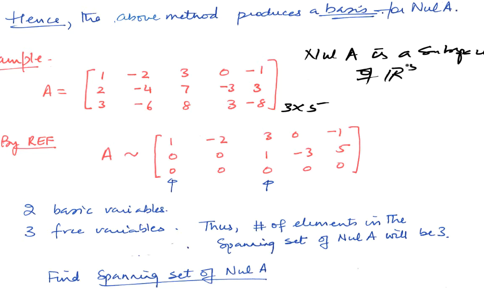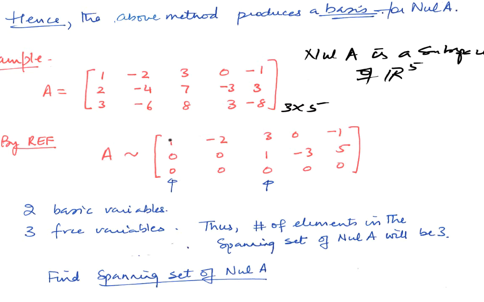Just a recollection of things we have done, guys. Now, we would like to find out what are the elements of the null space of A. Remember, it's a subspace. That means it's a vector space. It will have infinite elements. So can I represent this infinite vector space by a few vectors? That's my idea.